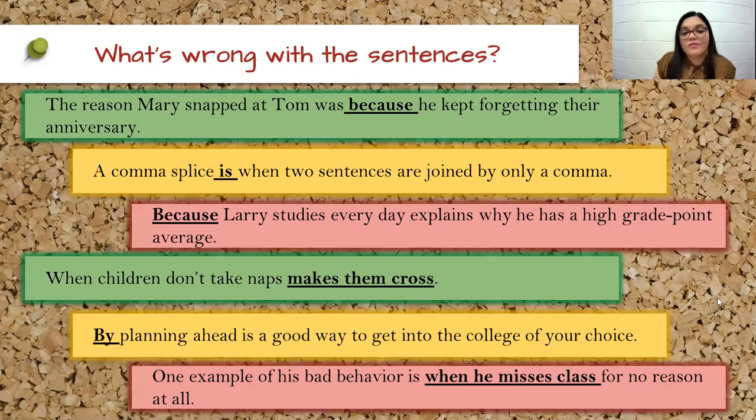Here you have more examples about illogical or mixed constructions. I'm going to also pause it a little just for you to copy or take a screenshot or take a picture of it and copy it in your notebook so that later we can discuss them in class.